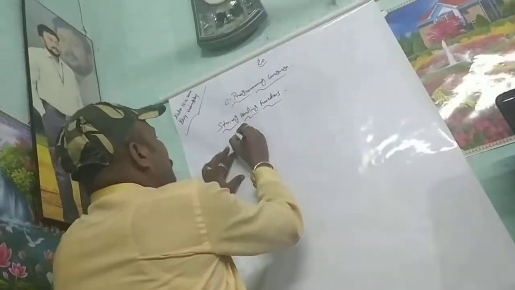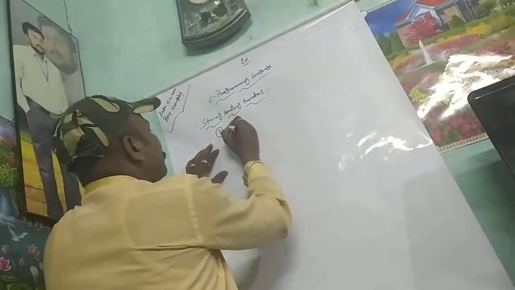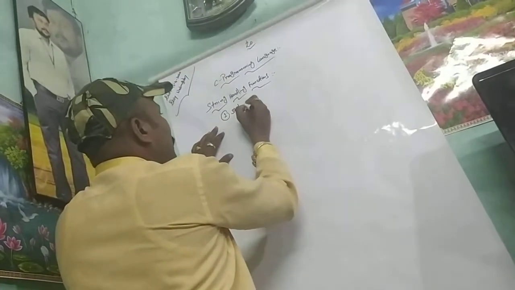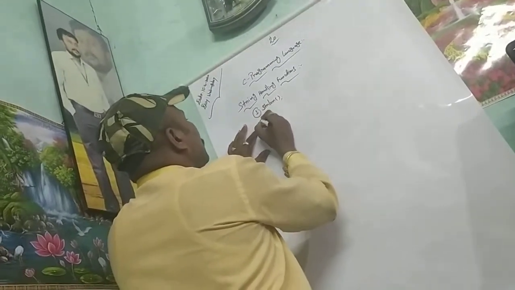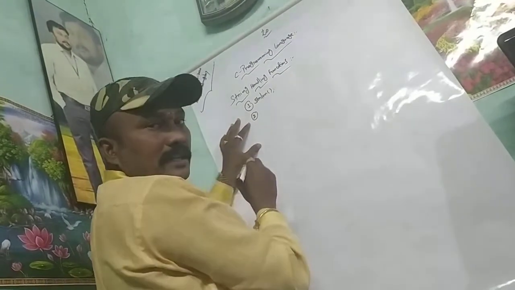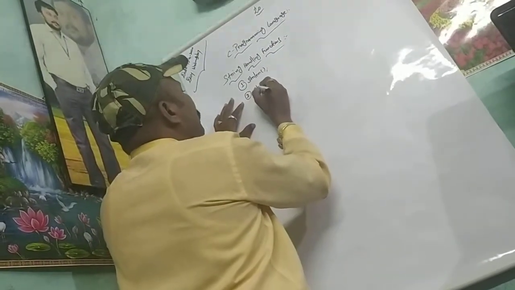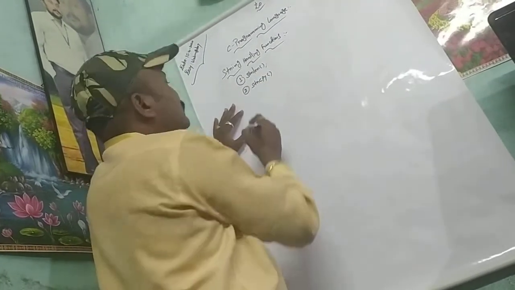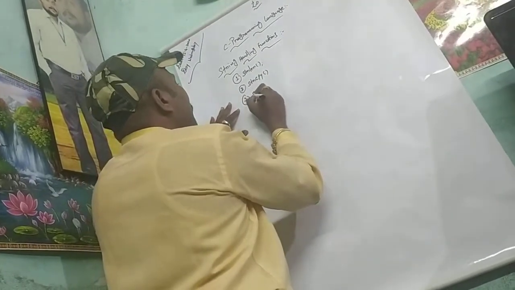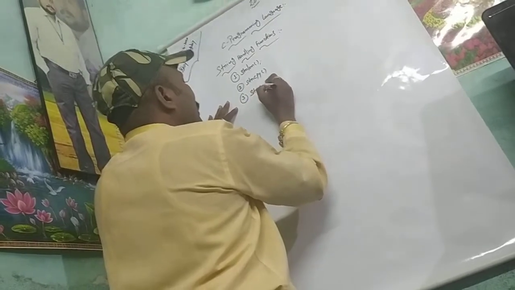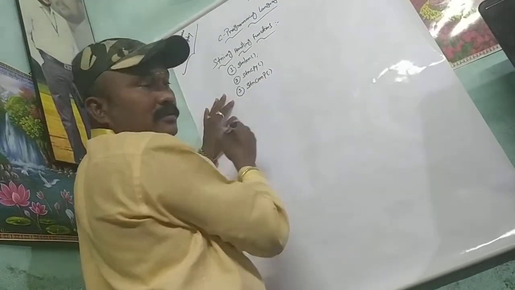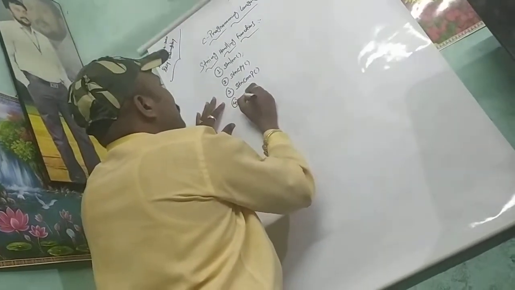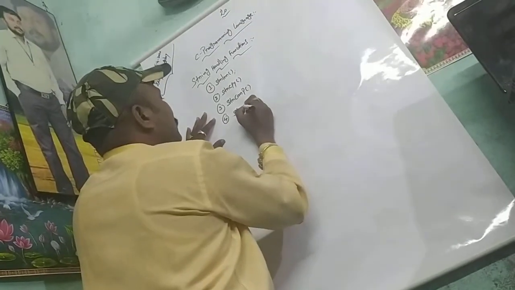The first one is string length. The second one is string copy, strcpy. The third one is string compare. The fourth one is string reverse.